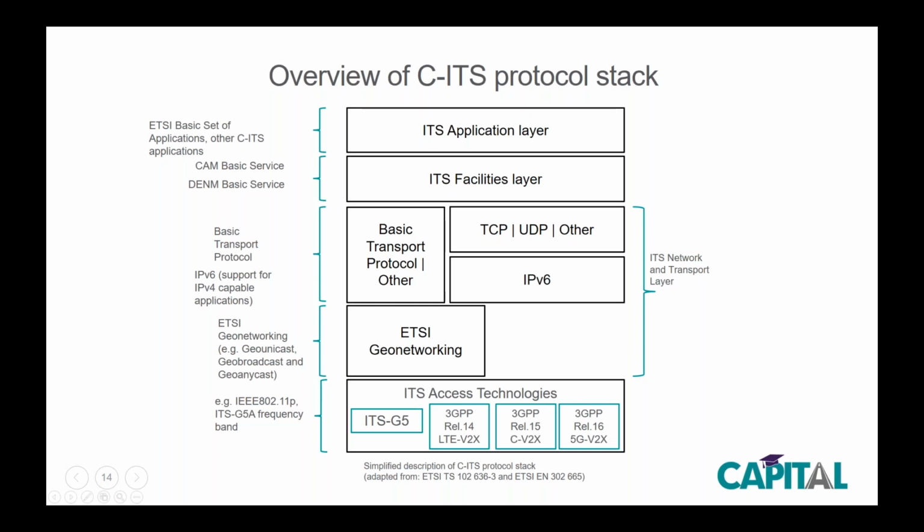The ITS facilities layer provides the basic messages that are used to realize C-ITS applications and use cases. For example, the CAM messages, cooperative awareness messages that are broadcast regularly by ITS stations, and the DEN messages, distributed environmental notification messages that are sent after a relevant event occurs. And on top of the protocol stack, there is the ITS application layer, including the C-ITS applications.